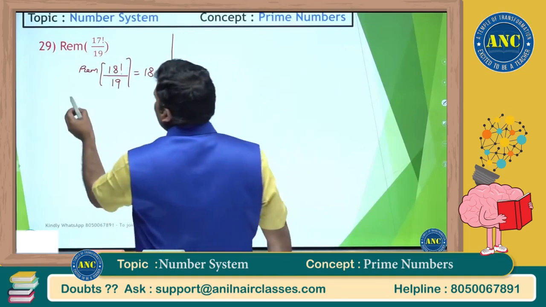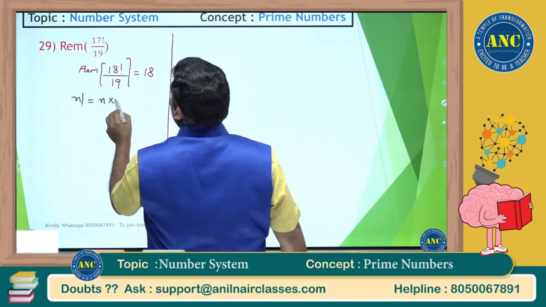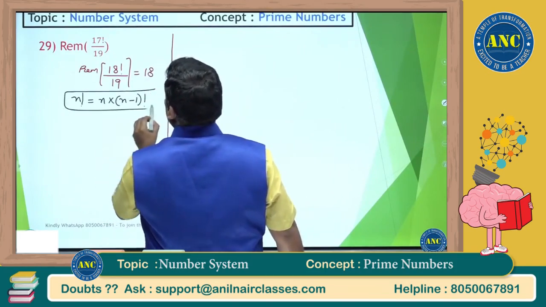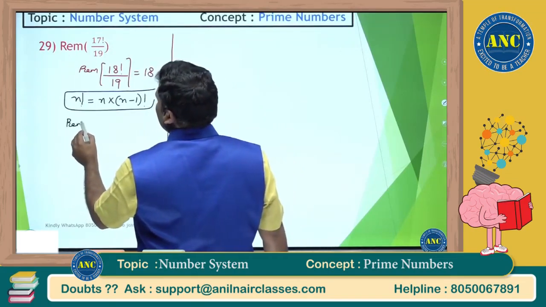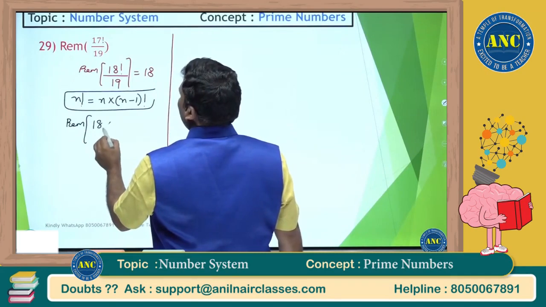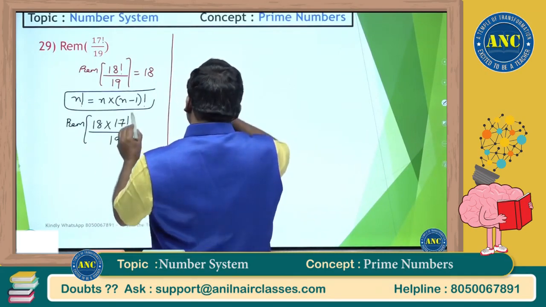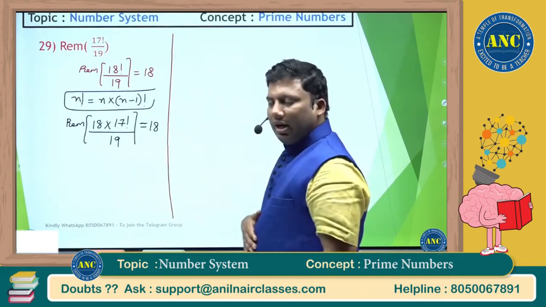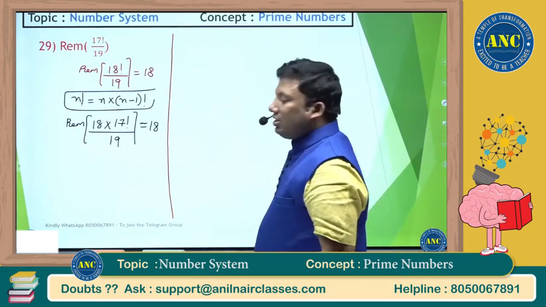N factorial is n into n minus 1 factorial. So 18 factorial is defined as 18 into 17 factorial, divided by 19, and the remainder is 18.